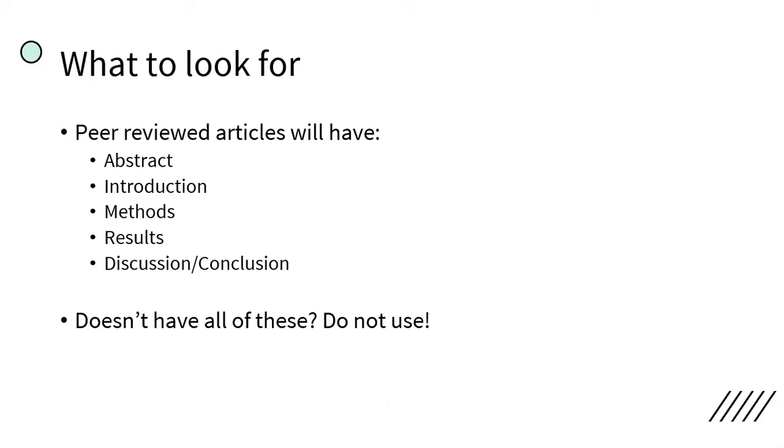If it doesn't have all of these sections, do not use it. Simple as that. When you pick a topic, you're going to see there's going to be a lot of different articles. You're going to look at them. You want to find one that has all of these sections. If it doesn't, don't use it.